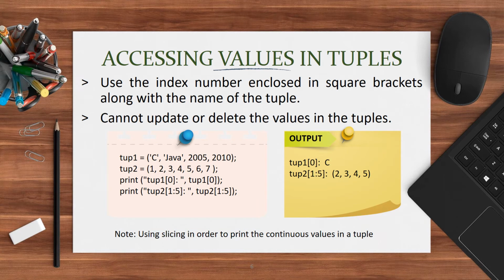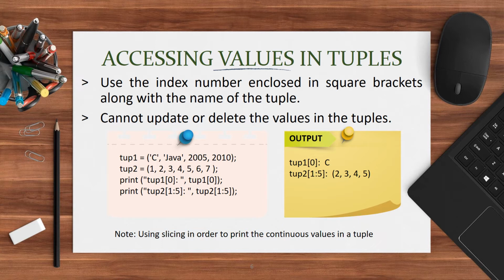In order to access the values in a tuple, we add an index number enclosed in square brackets along with the name of the tuple. A tuple cannot be updated, and its values cannot be deleted.